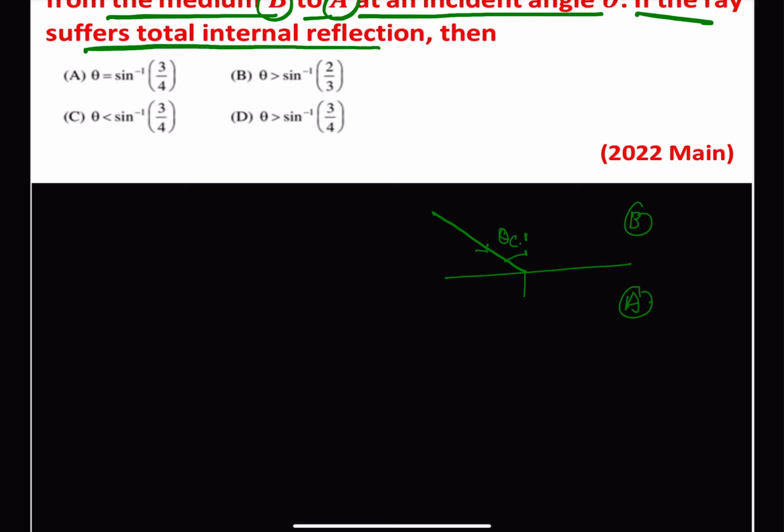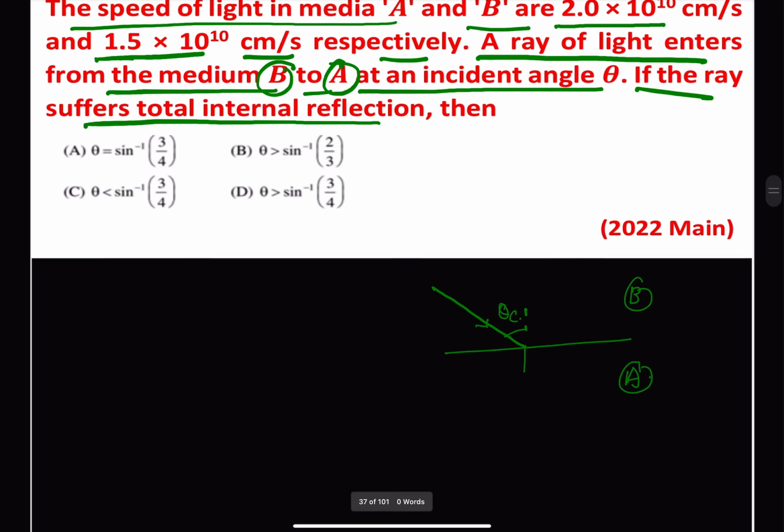And we know that for total internal reflection, the angle of incidence should be greater than the critical angle.